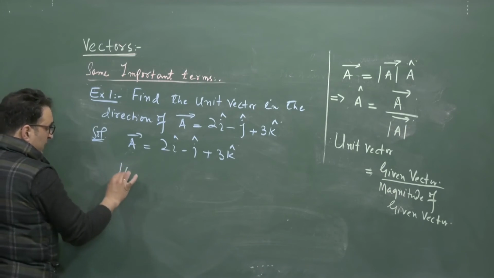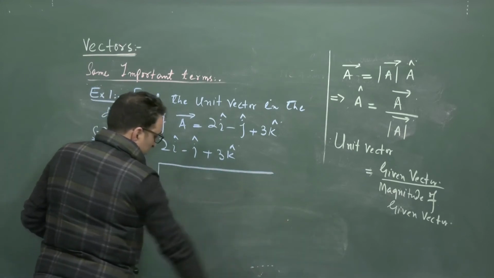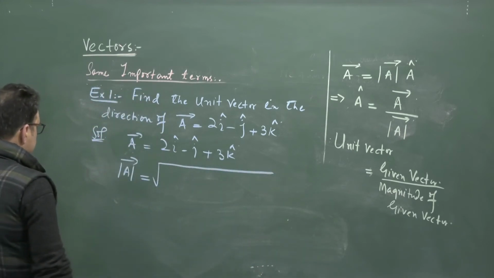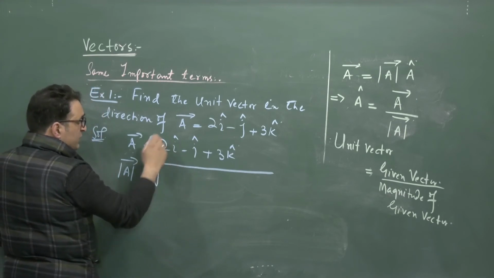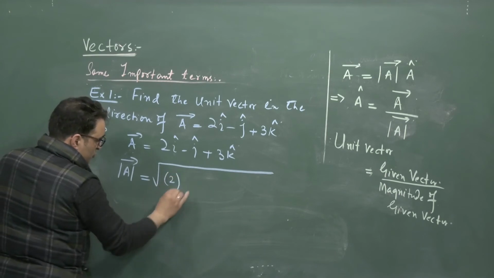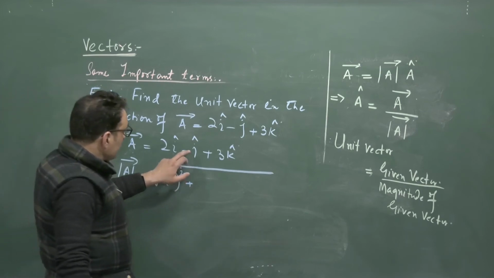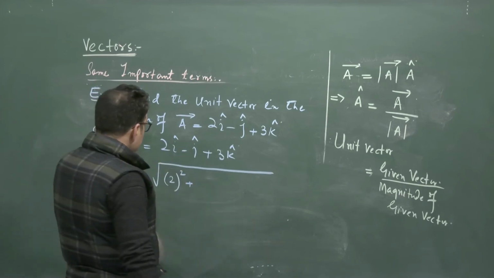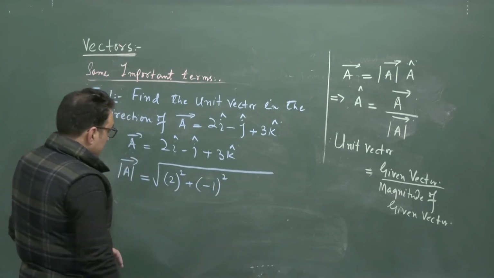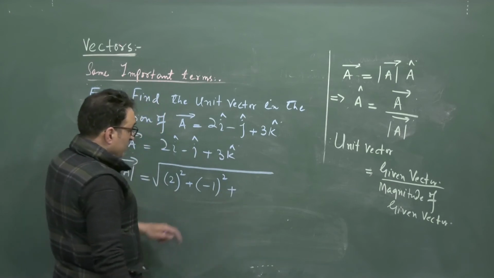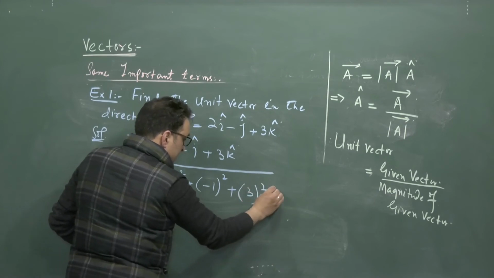We write magnitude of A as modulus of A, and this is equivalent to, you must remember this equation, the square root of the coefficient of i, which is 2, squared, plus the coefficient of j cap, which is minus 1, squared, plus the coefficient of k, which is 3, squared.